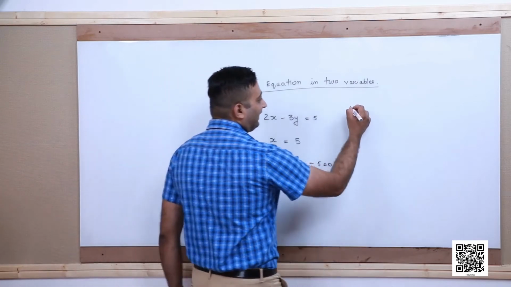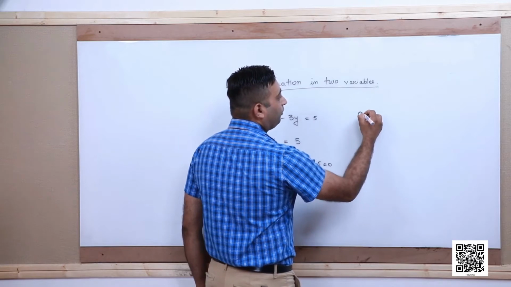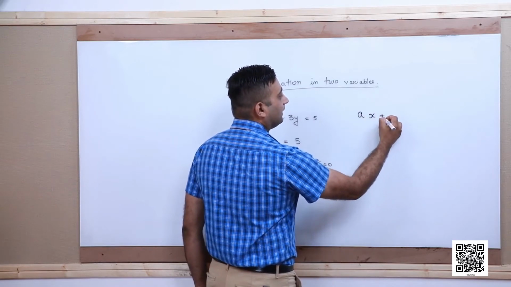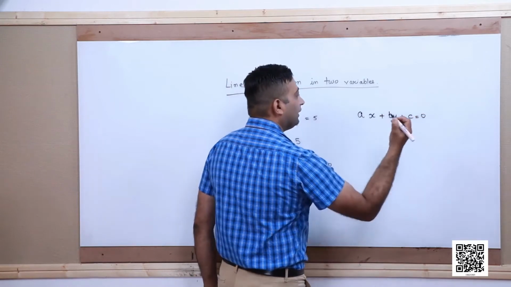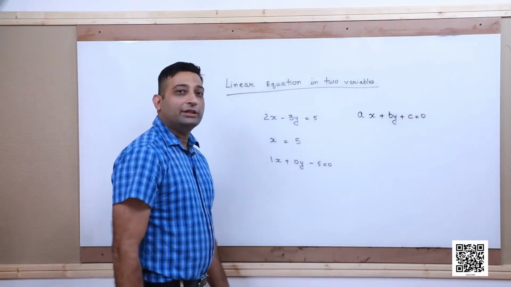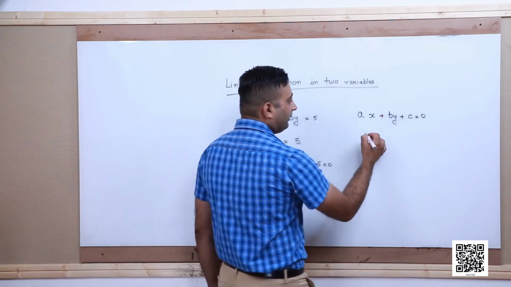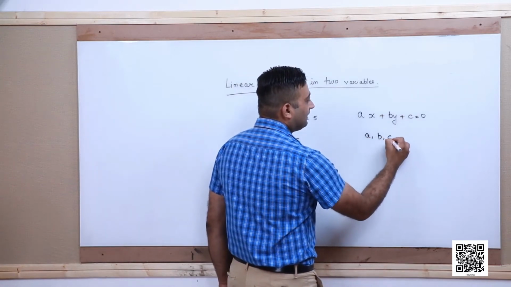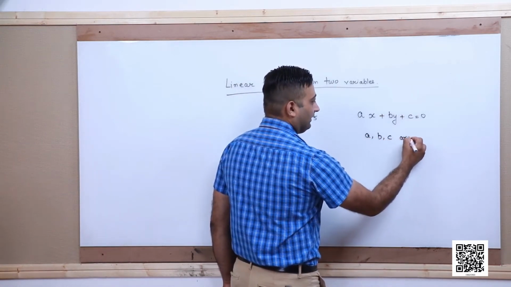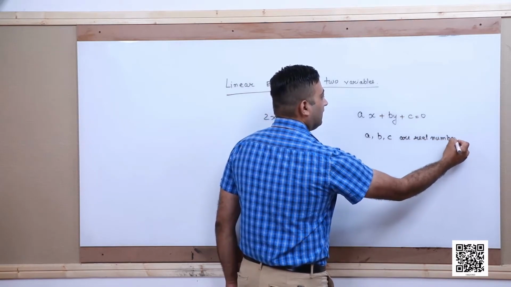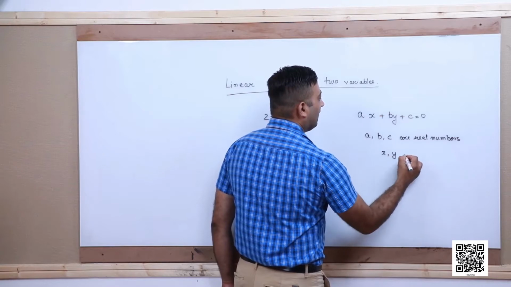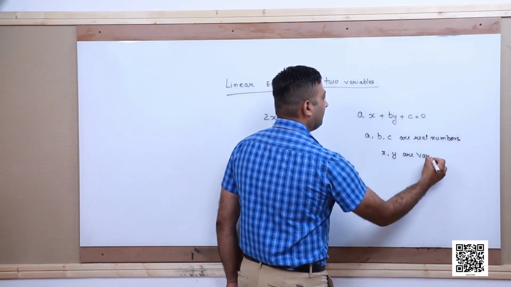So we can say that the equation which can be put in the form ax plus by plus c equal to 0 represents a linear equation in two variables, where a, b, c are real numbers and x and y are variables.